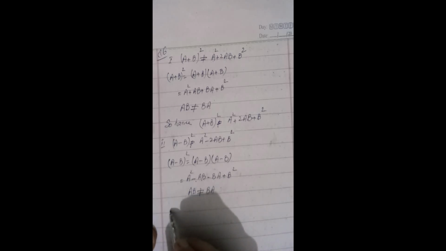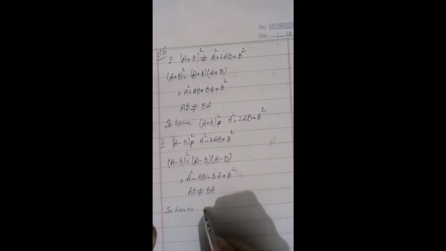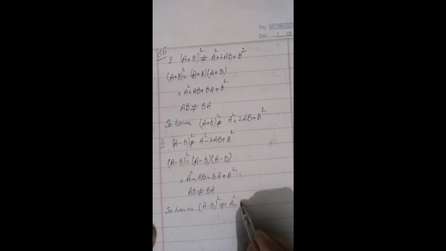So hence (a minus b) whole square is not equal to a square minus 2ab plus b square. And this is the second part of the question 6.